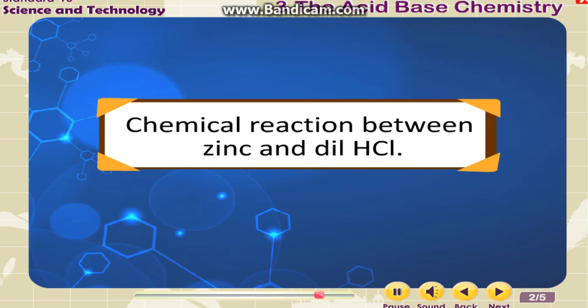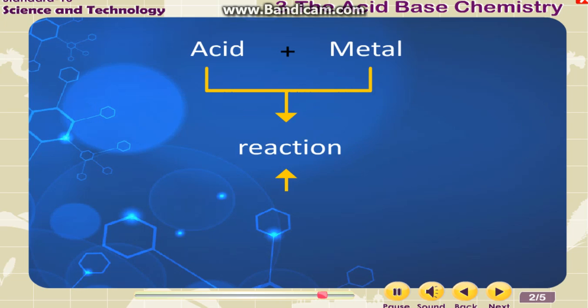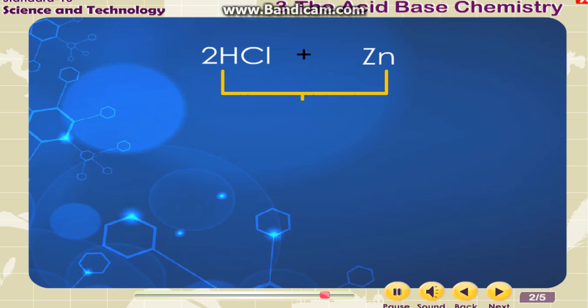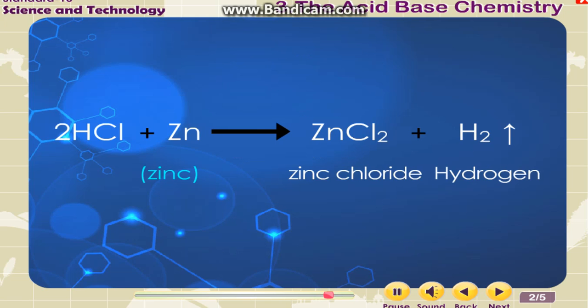Chemical reaction between zinc and dilute HCl. Acid plus metal gives salt plus hydrogen gas. 2HCl plus Zn gives ZnCl2 plus H2 gas is released. Zinc gives zinc chloride and hydrogen.